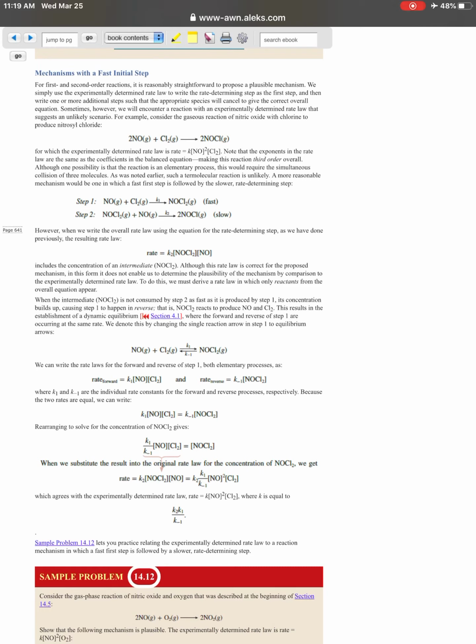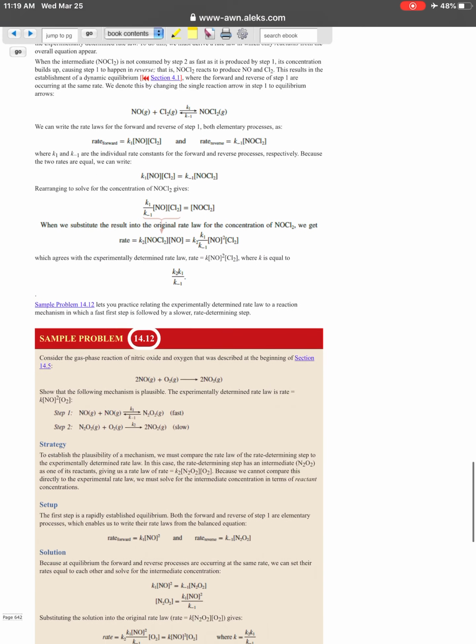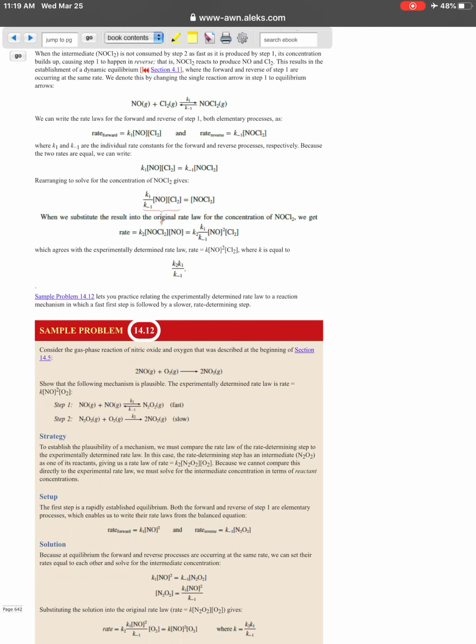We denote this by changing the single reaction arrow in step 1 to an equilibrium arrow: NO(g) + Cl2(g) ⇌ NOCl2(g), with k1 on the top and k-1 on the bottom.